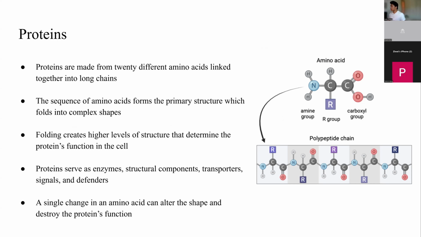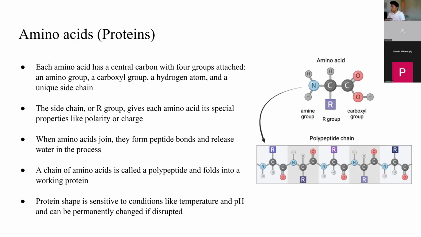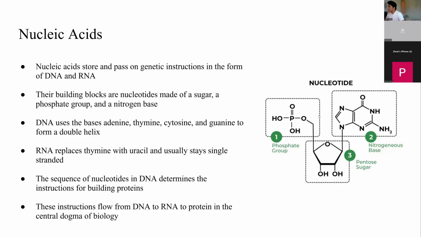DNA does not have sulfur, and protein does not have phosphorus. So let's take a look. In some proteins, or actually a lot, the R group contains sulfur. And if we look down to nucleic acids, this right here is the phosphorus we're talking about. This is what we're tracing.